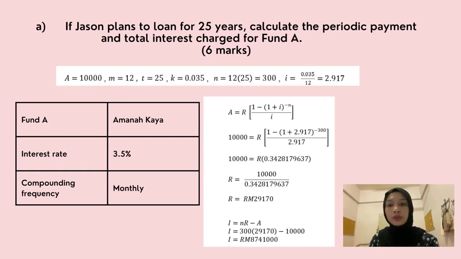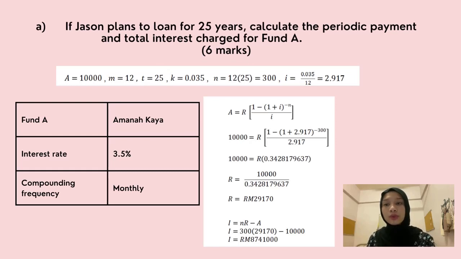In order to find R, the 10,000 must be divided by 0.342817967. So after you divide it, R equals RM 29,170. Okay, we already have the answer for R, which is the periodic payment.